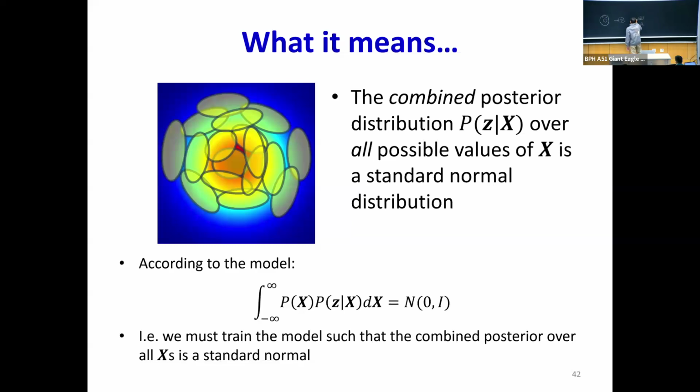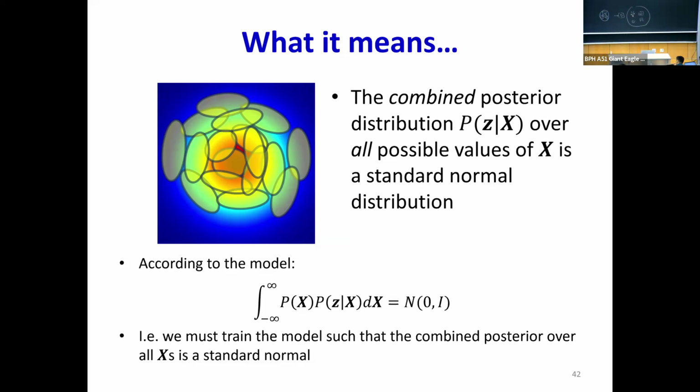Every possible face, and look at the distribution of Z's that could have generated all of these faces. Each of these faces is going to come from a different region of the Z space. But over the entire set of faces, if you look at the overall distribution of Z, that's going to be a standard Gaussian. That's what this means, right?